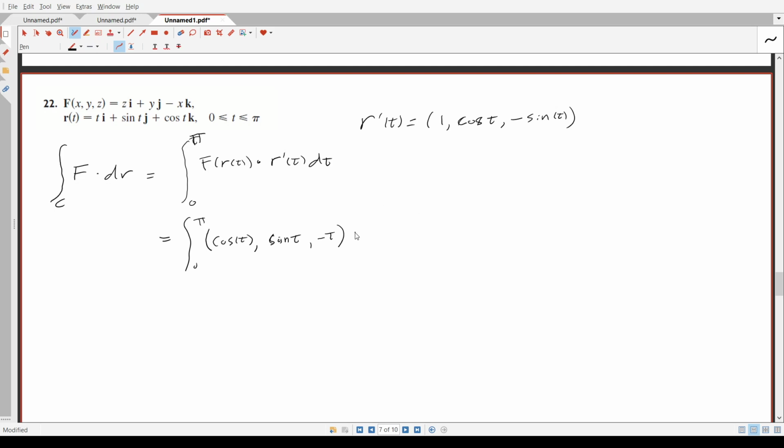Okay, and then dot r prime, which is 1, cosine t, minus sine t, dt. So we multiply and we get the integral from 0 to pi of cosine t plus sine t cosine t plus t sine t dt.